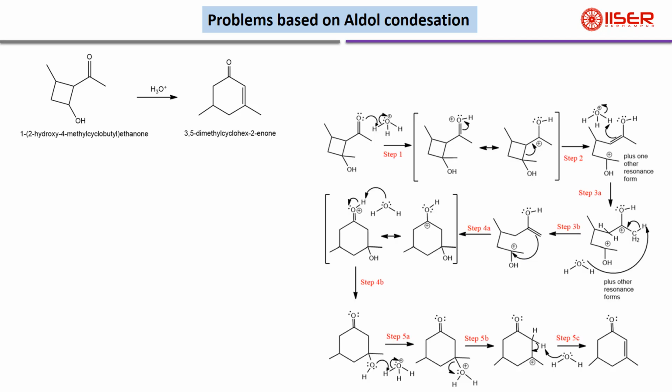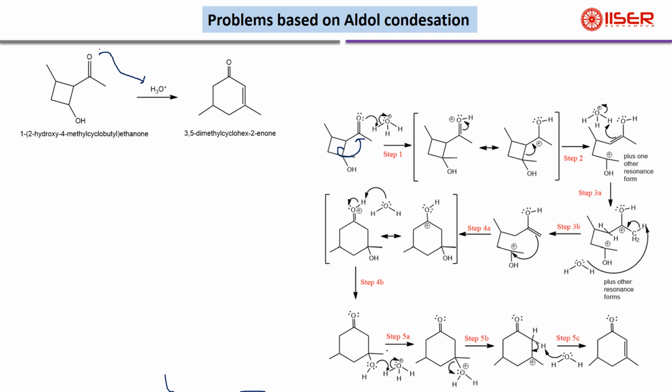So first, this ketone will take a proton from this acid. After that, this carbon-carbon double bond undergoes a cleavage and it will shift to this, generating a carbocationic center here. After that, it undergoes a simple deprotonation from this alpha hydrogen and it will attack this carbocationic center, forming this cyclopentane type of ring.